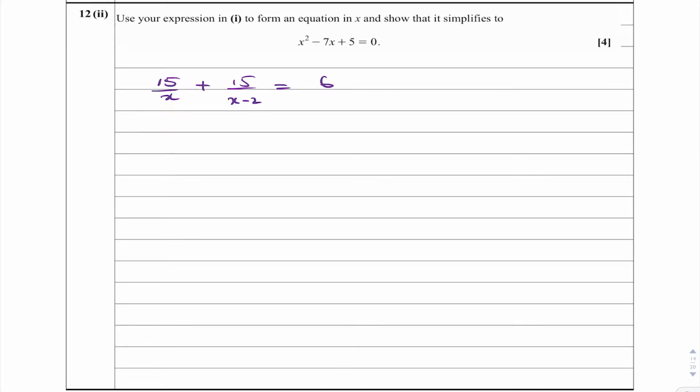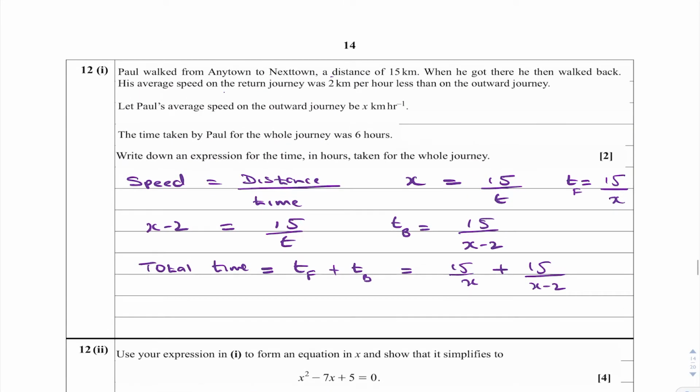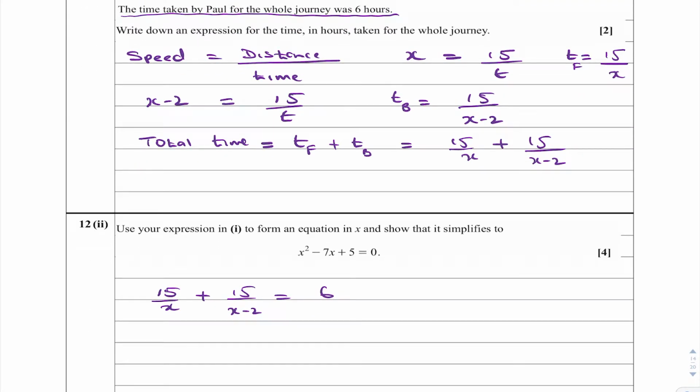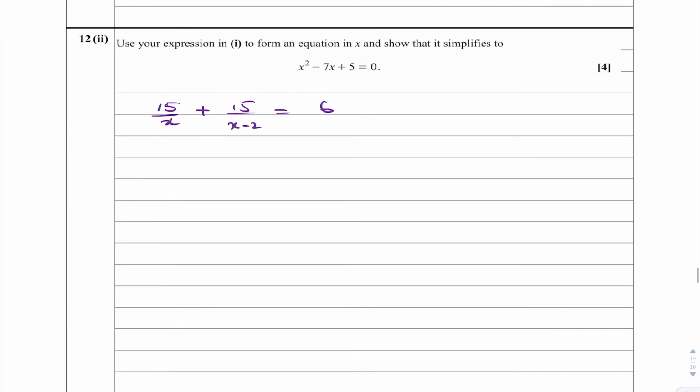We've already worked out the total time here, and so we just equate it to 6.